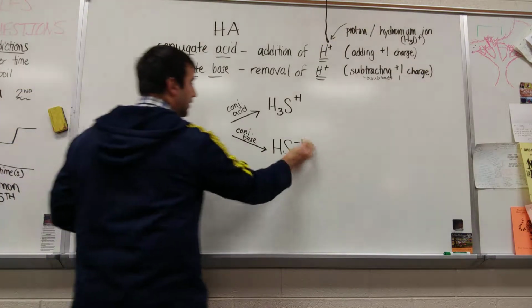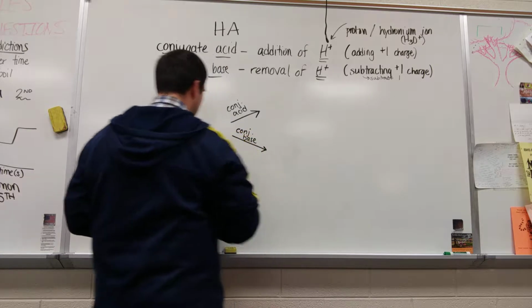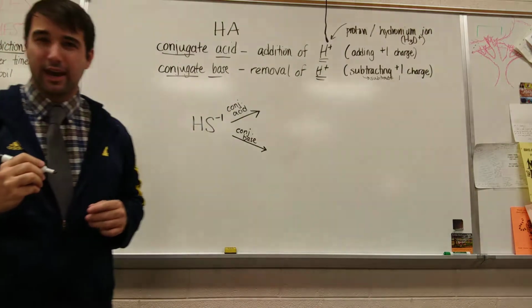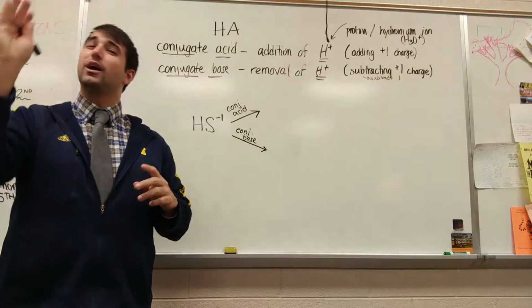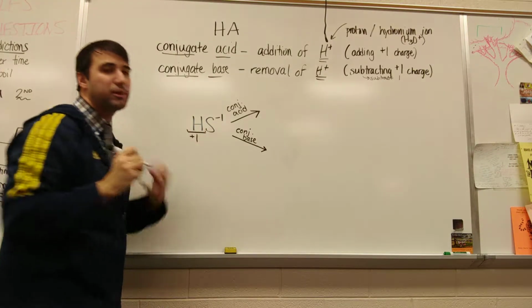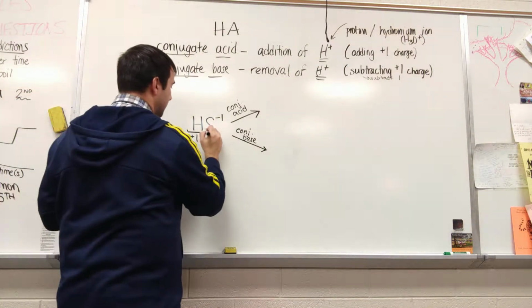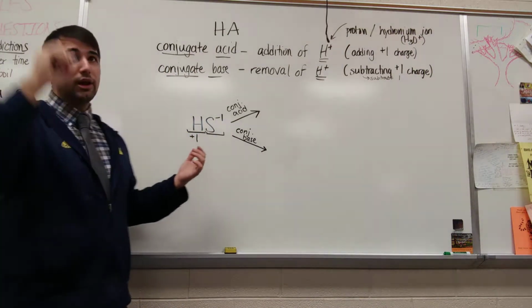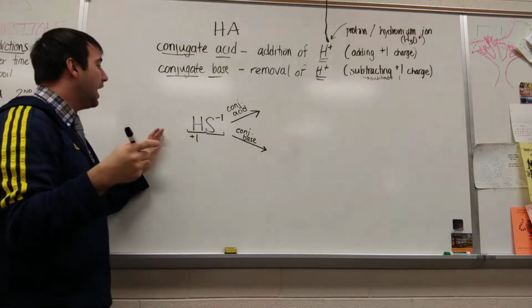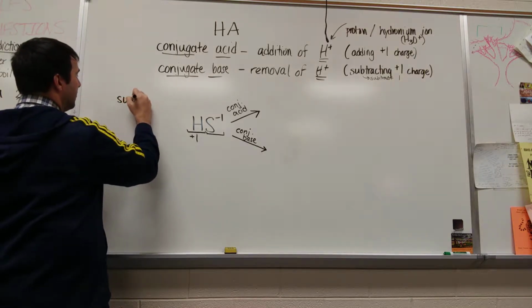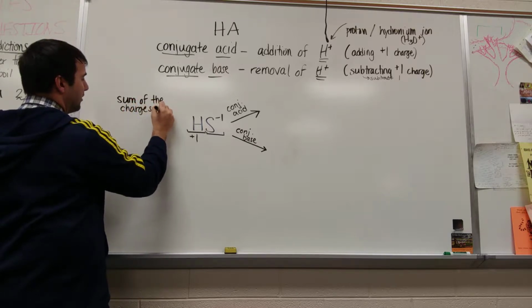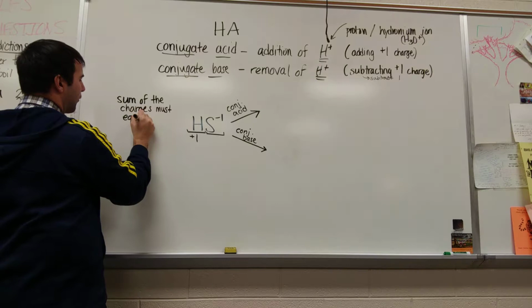Let's do another one. Let's say instead of starting with H2S, I start with HS-. Now, going back to ionic charges, remember, hydrogen is always going to be +1 charged for us. Sulfur typically forms a -2 charge, and we have to remember the sum of the charges must equal the overall charge.